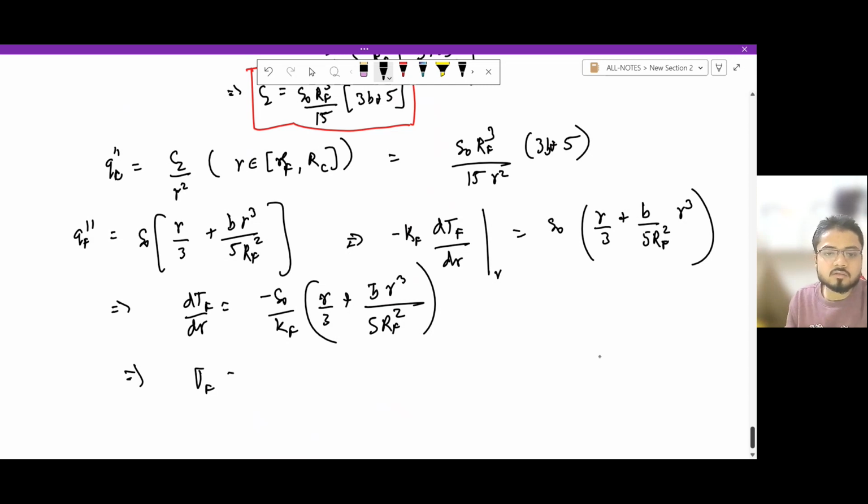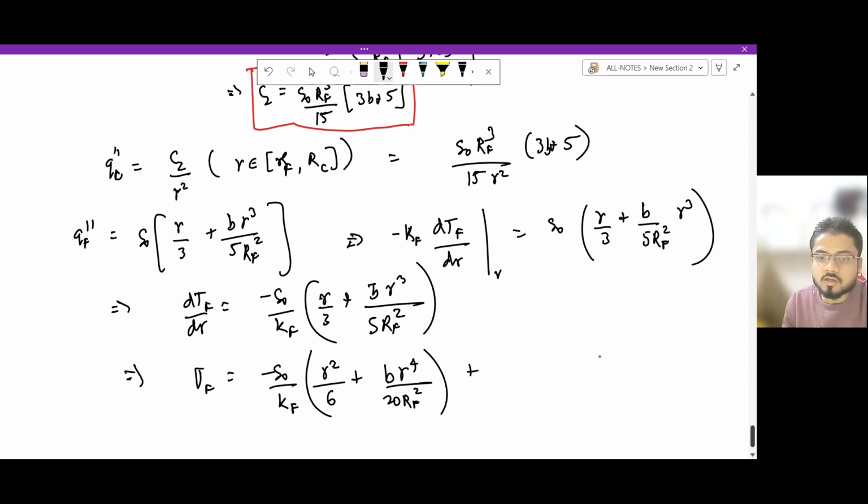So you'd be getting something like minus S naught over KF, this would be RdR. So RdR integral would be R squared by 2, and 2 times 3 is 6, plus R to the power 4 by 4, that is 4 by 20, 20 RF squared, plus C3. Let's call this C3.